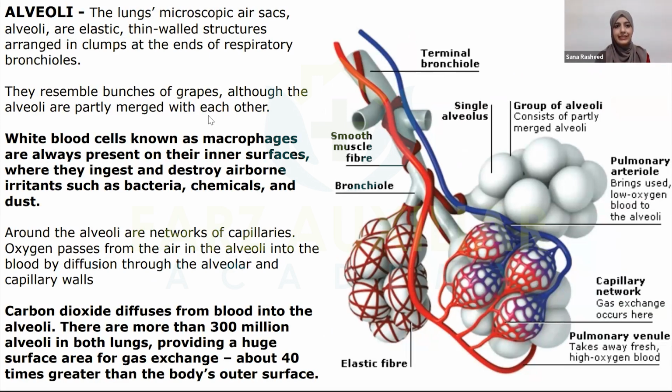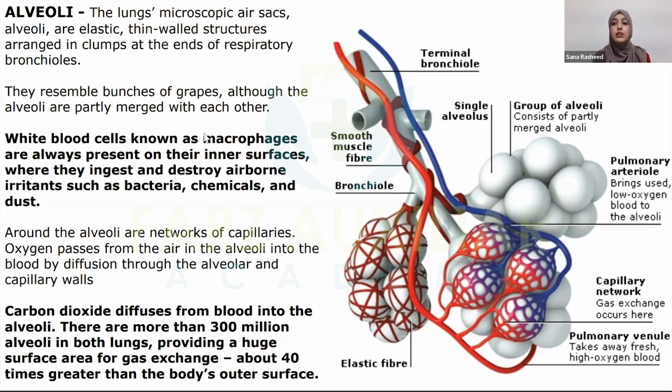So I'm just going to quickly read it. The lungs' microscopic air spaces, alveoli, are elastic thin-walled structures that are arranged in clumps at the end of respiratory bronchioles. They resemble bunches of grapes, although the alveoli are partly merged with each other. White blood cells, known as macrophages, are always present on their inner surface where they ingest and destroy airborne irritants. Around the alveoli are networks of capillaries.